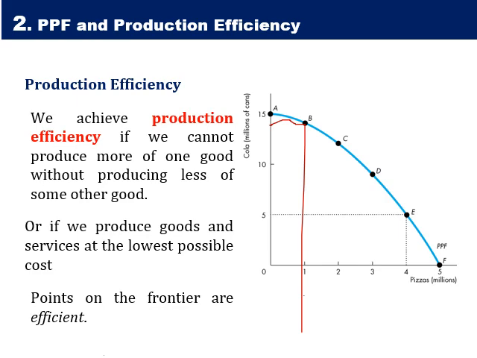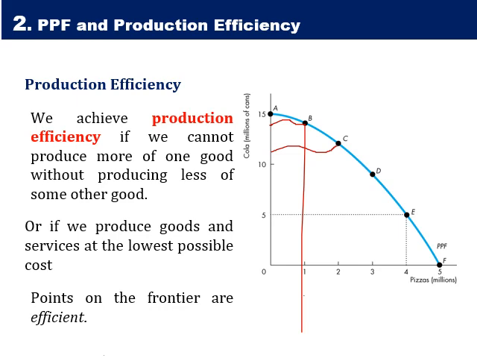So here we should decrease the production from 14 to 12. So we will move from point B to point C. So what we can see here is that when we moved from B to C, we have more pizza, but we have a lower amount of cola.